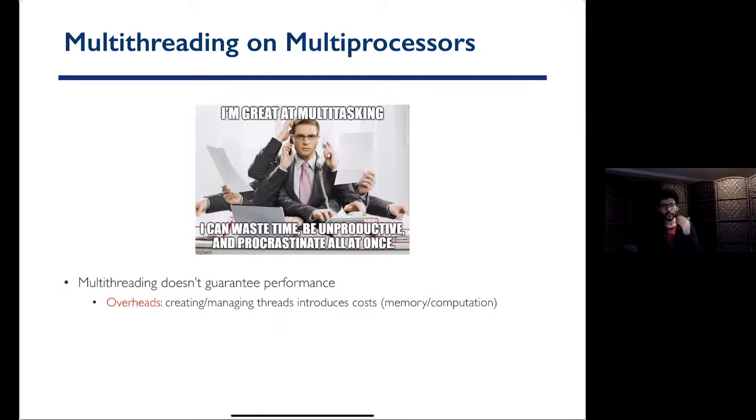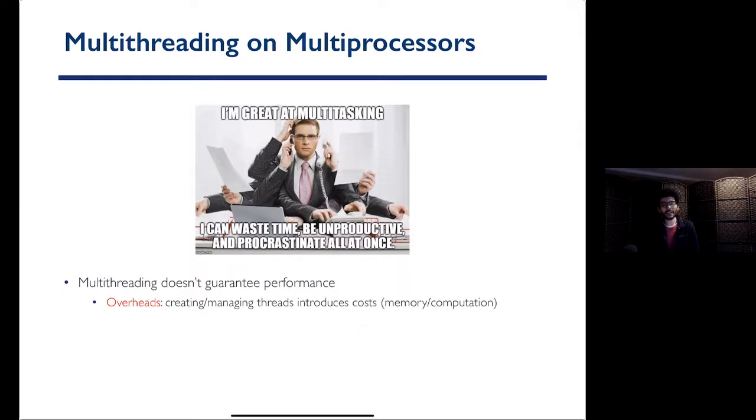For example, the overhead of making caches coherent. The other overhead is creating or deleting the threads. The other overhead is context switching between threads. So there are many overheads that have to be considered.